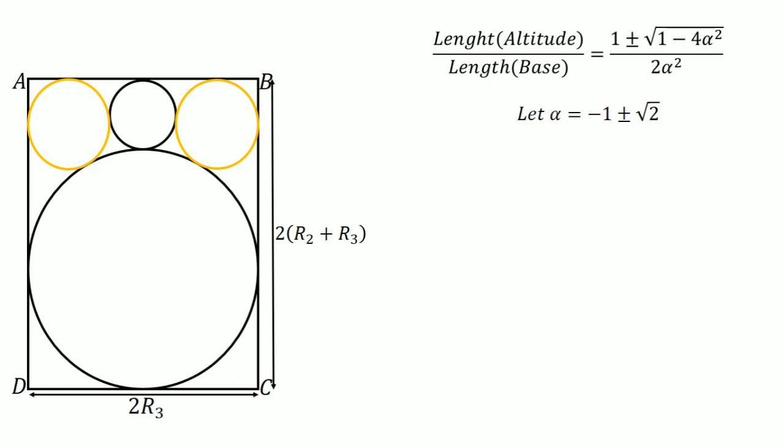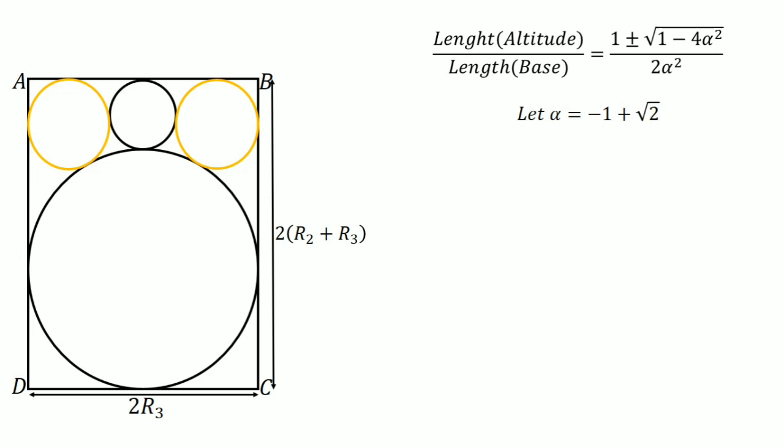Now if alpha is equal to negative 1 minus under root 2, then 1 is smaller than 4 alpha square, and this leads to the whole ratio being a complex number, and this is not possible. So considering alpha equal to negative 1 minus under root 2 is completely wrong. So now alpha is equal to negative 1 plus under root 2.